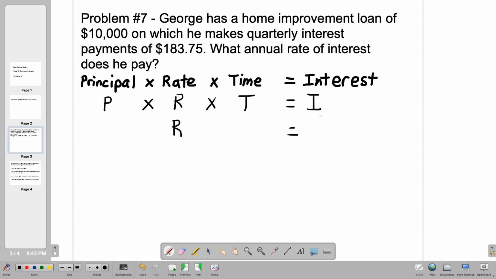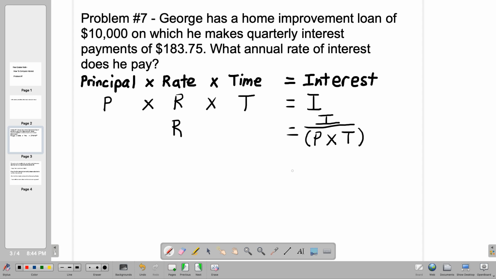So we already have the I on the right side, and what we need to do is move the principal and the time over to the right. Since we're dealing with multiplication, it would be a division. So we're going to have P times T. So the equation is R equals I over P times T.